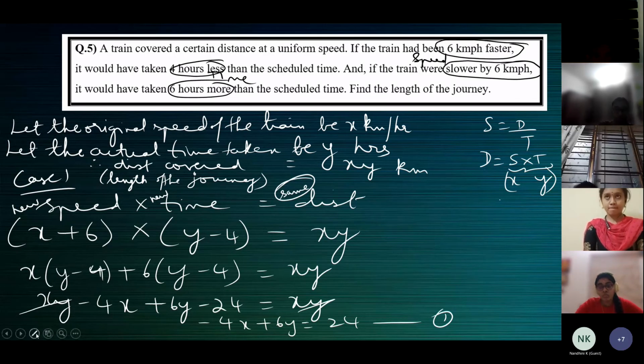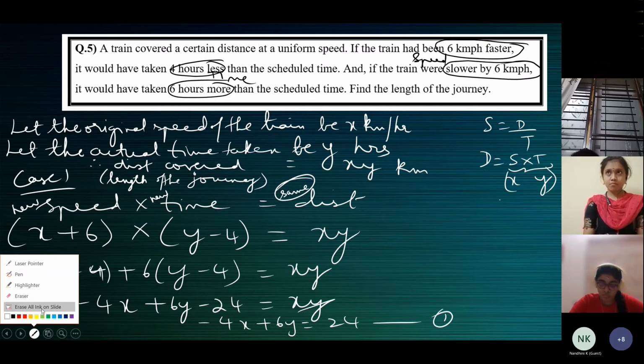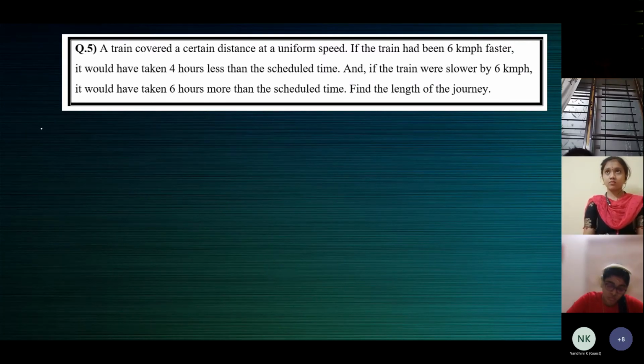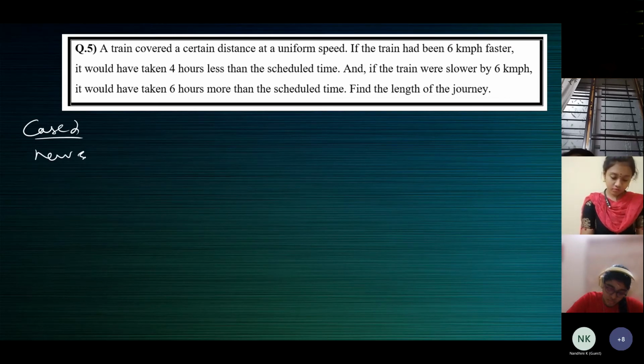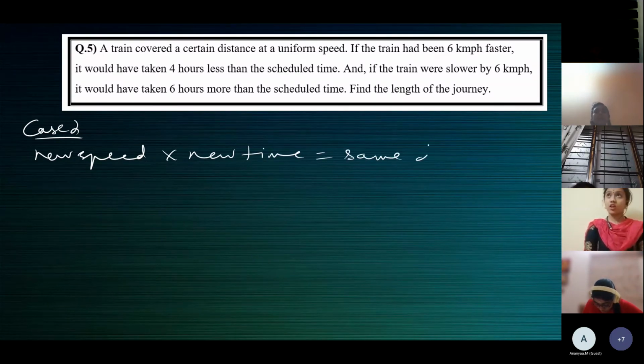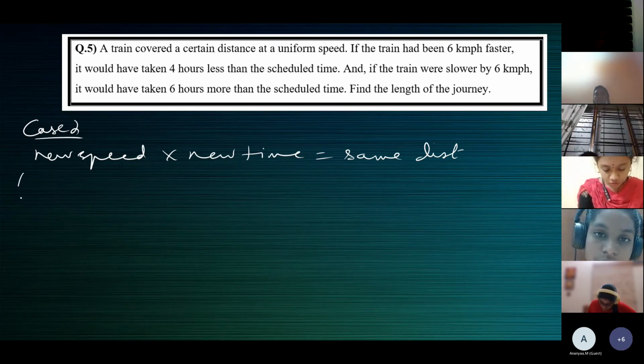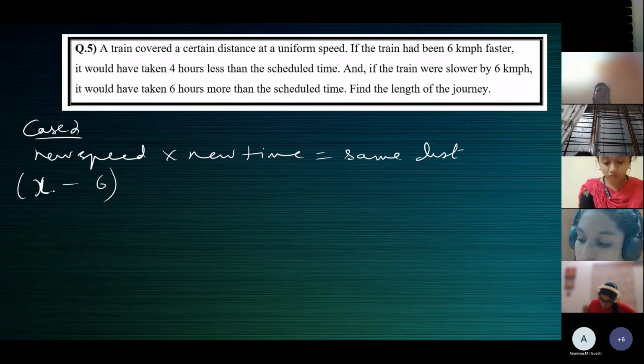Okay, I hope you're done clearing the slide. Now case 2. Case 2 is again new speed into new time is equal to same distance. What's the new speed? If the train were slower by 6 kilometers per hour, x minus 6, because this is the original speed x.